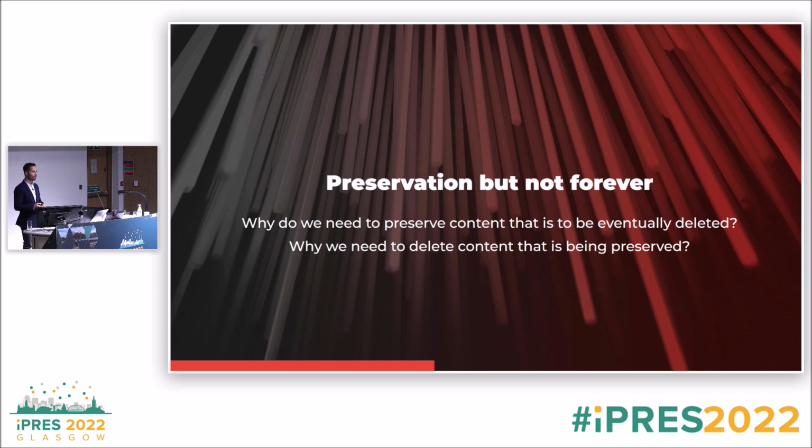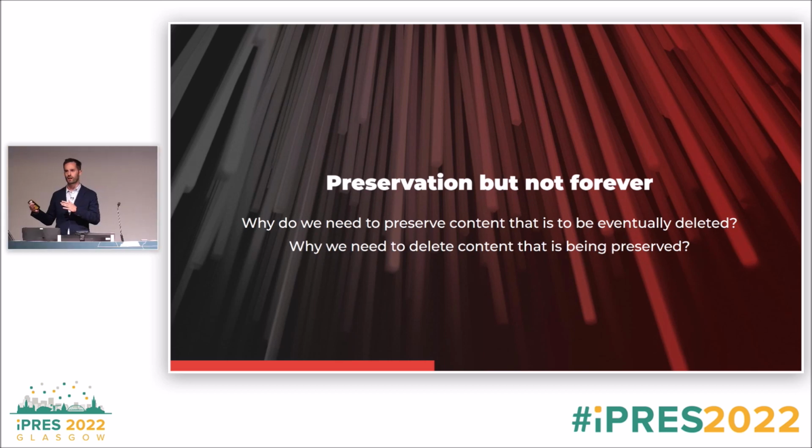But what we've seen in real-world cases, like the Swedish Customs, and whenever we get a bit out of our domain and the digital preservation archive is closer to the production system and blurs the line between them, we see that not only these kinds of records need to be put into the preservation system, and sometimes we need to actually delete the records that are in the preservation system.